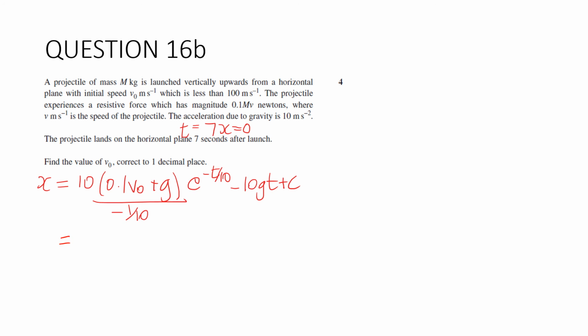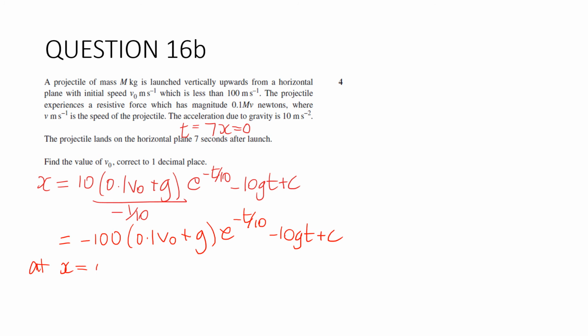Tidying it up, we get negative 100 (0.1 v naught plus g) e to the negative t on 10 minus 10 gt plus c. At t equals 0, x is equal to 0.